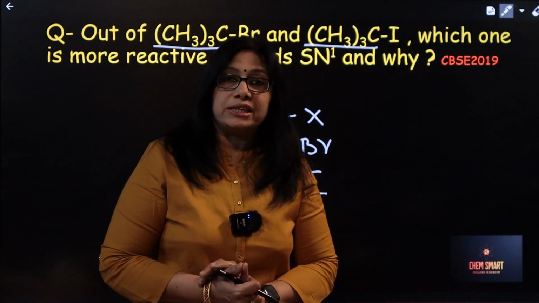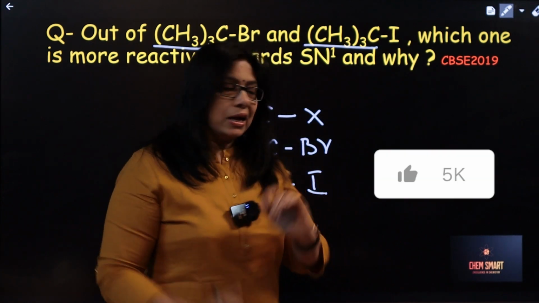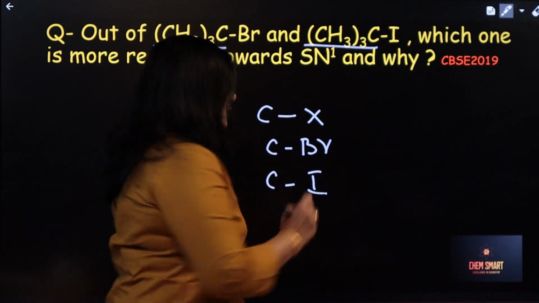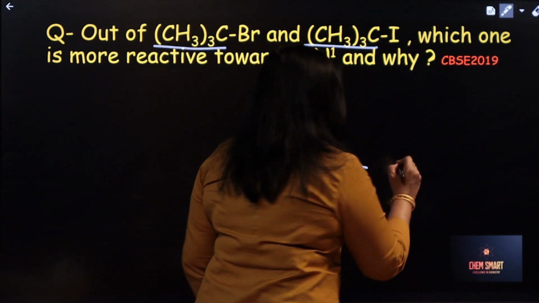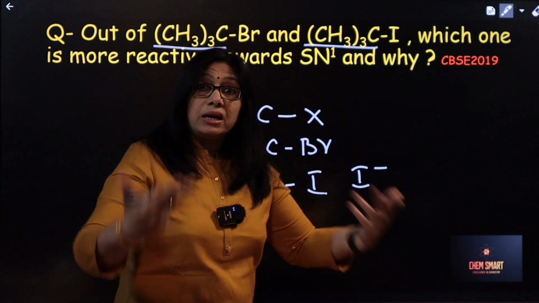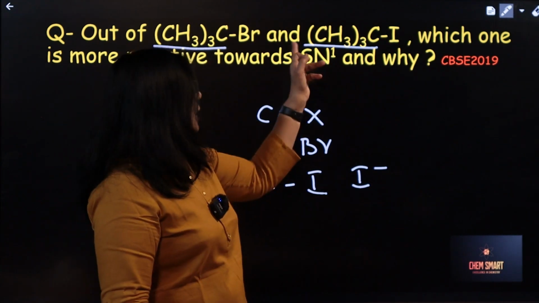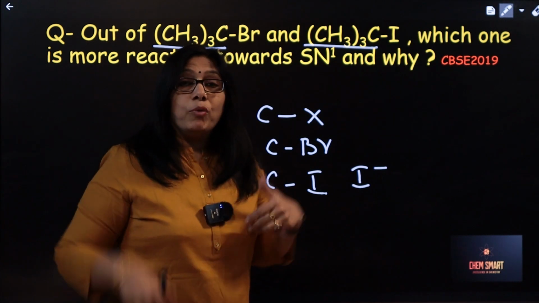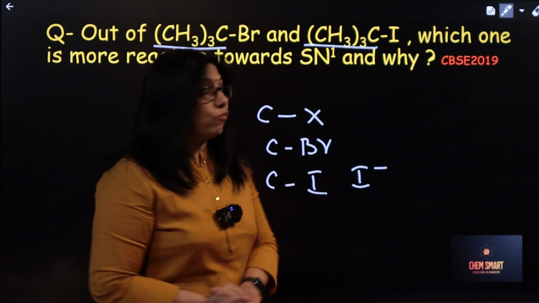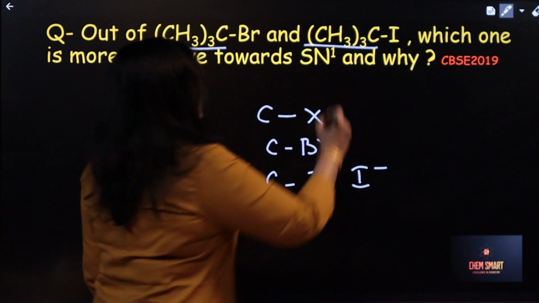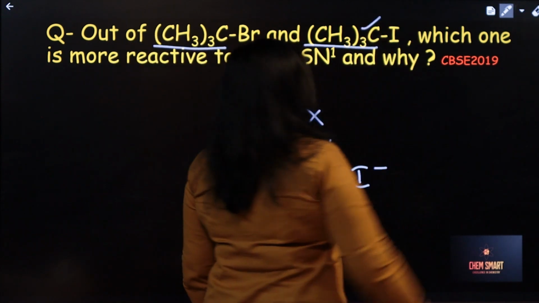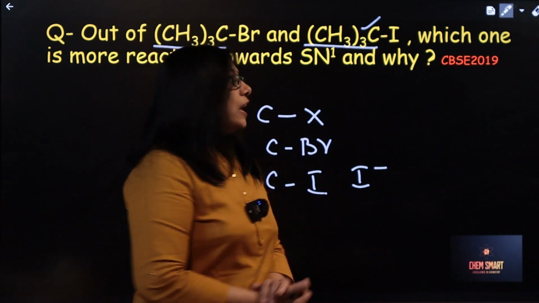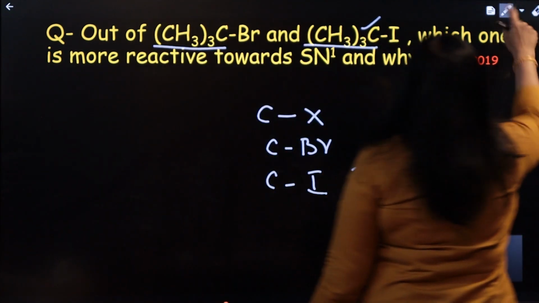Its bond dissociation enthalpy will be lesser compared to the C-Br bond, which is shorter. That means I minus will be a better leaving group than the smaller Br minus. So which one will be more reactive towards SN1 reaction as per the question? It is (CH3)3C-I. Hope that's also clear. Okay, now let's go to the next question.